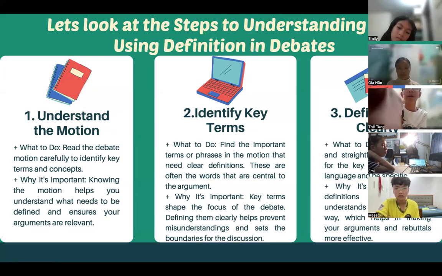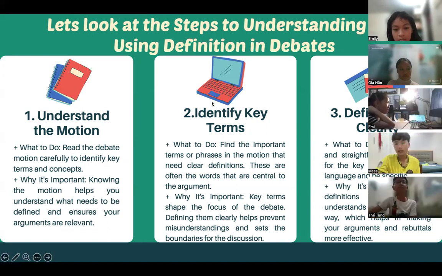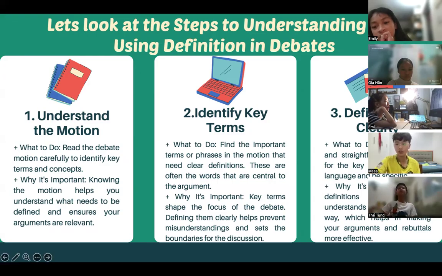Key terms shape the focus of the debate. Defining them clearly helps prevent misunderstandings and sets the boundaries for the discussion. Excellent. Thank you. So, identifying the key terms means that you underline the key words or the key phrases so that you can link that to the motion you are debating.